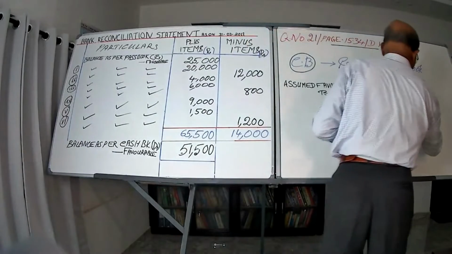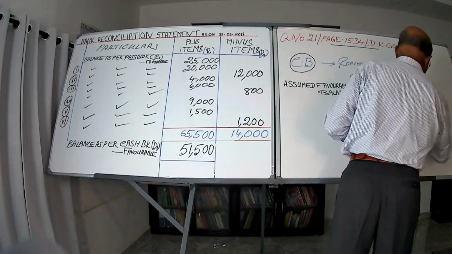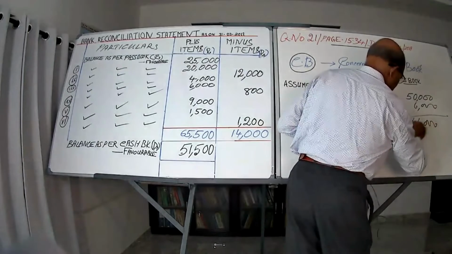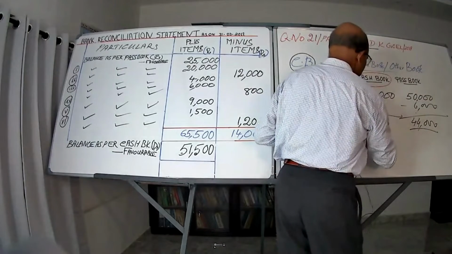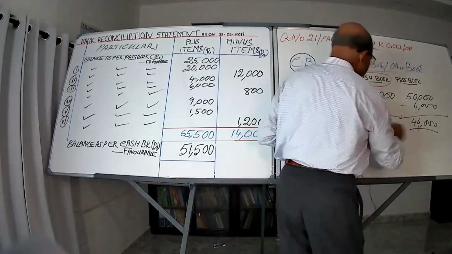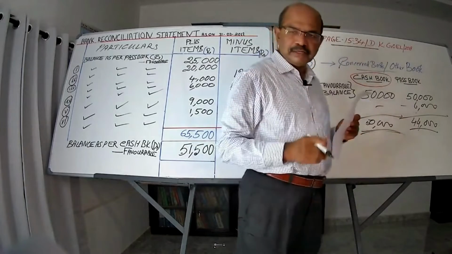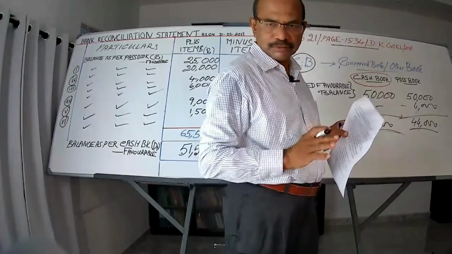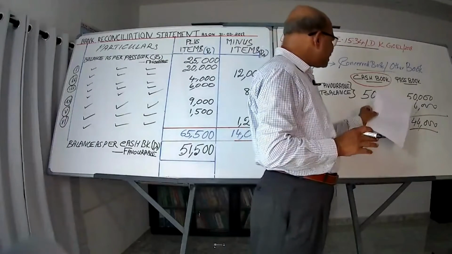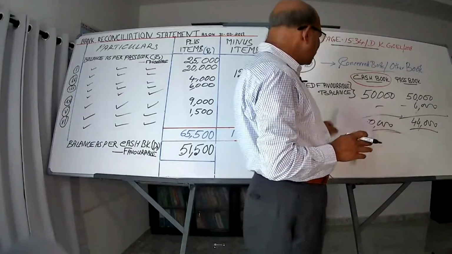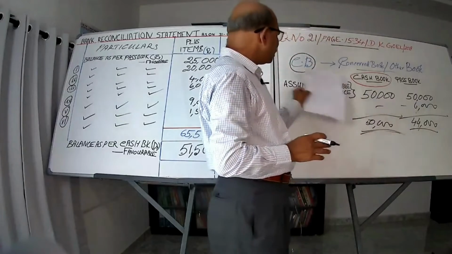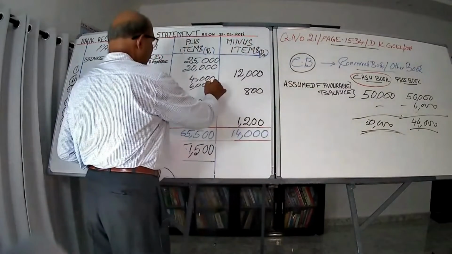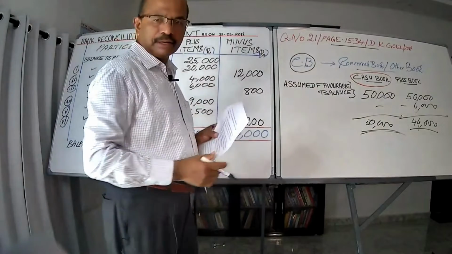How much? 6,000. Hence, the balance has come down to 44,000. Here, I was not aware of it. On receipt of the bank statement or during the course of the reconciliation only, it has come to my attention. As of now, I was not aware of it. So the 6,000 is a decreasing effect in the passbook and an increasing effect in the cash book. And I have to base it on my concern book, the cash book, increasing effect. Hence, it is shown on the plus side.